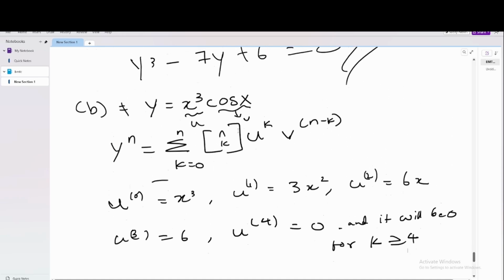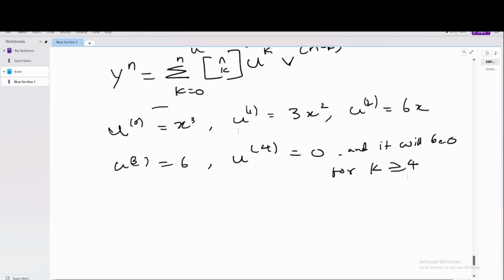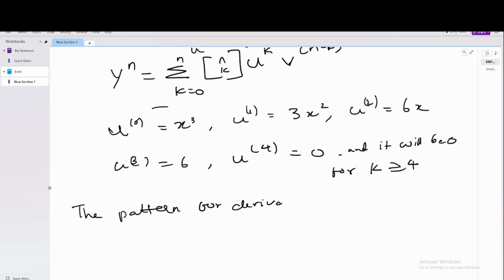Now the pattern for the derivative of v, cos x, is this pattern.